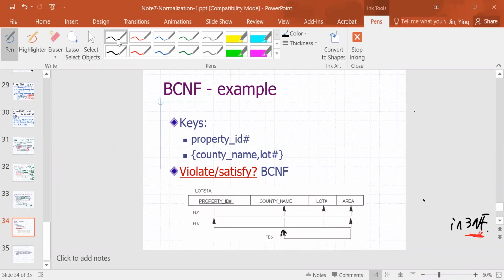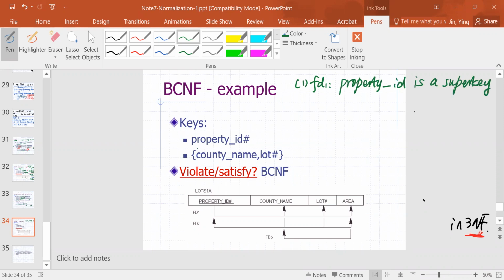Okay, so now let's see, same question, right? And now we only have 1 condition to verify. So for the first functional dependency FD1, we know the left-hand set. Now you only care about the left-hand set. The right-hand set we don't need to consider. So for FD1, property ID, right? This is the left-hand set. This is a super key.